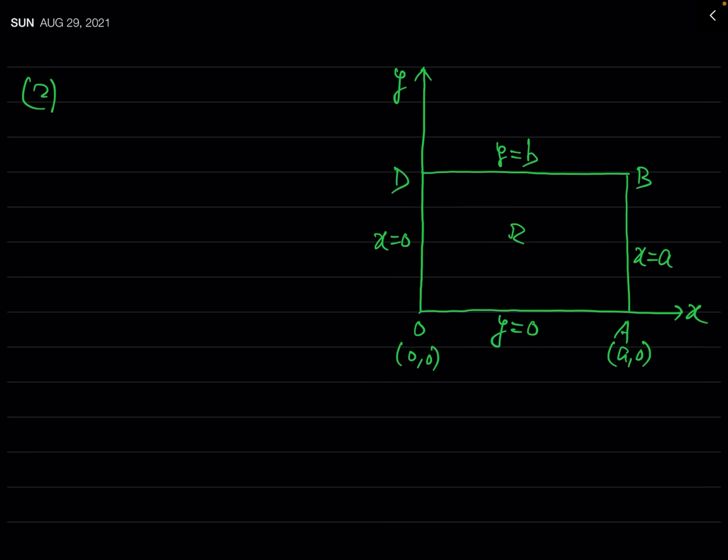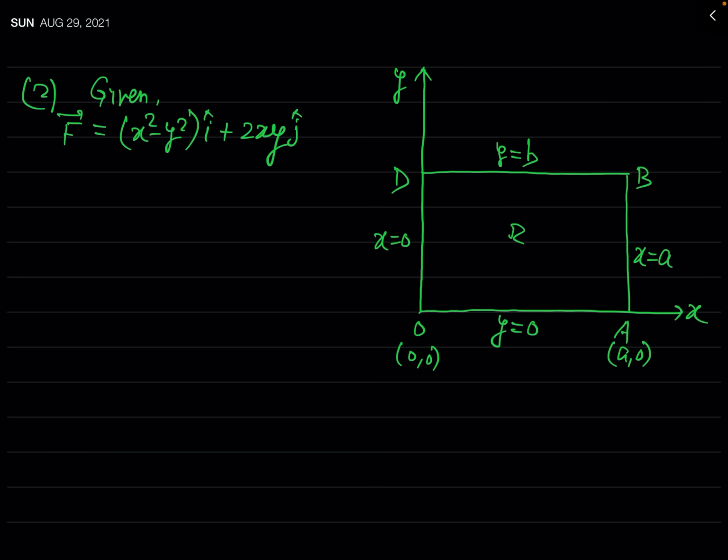This region has been defined in our problem. Now it is given in our problem that the vector field for which we have to verify Stokes theorem is: the vector field F is equal to (x square minus y square) i plus 2xy j.